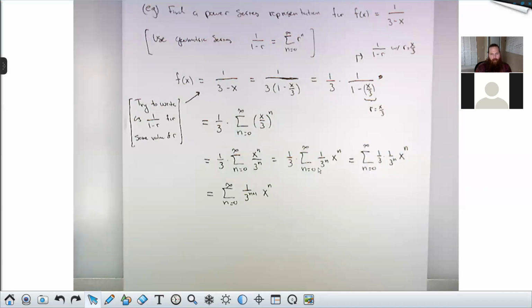Then I separated those two pieces because this is my x piece. So this is going to be like my x minus a to the n. And this piece has to do with my coefficients, Cn. And a power series has those two things separated. Then I bring the 1/3 inside, and I combine the 1/3 and the 1 over 3 to the n, using my rules for exponents, multiply the top by the top, the bottom by the bottom. 1 times 1 is 1. 3 times 3 to the n is 3 to the n plus 1.